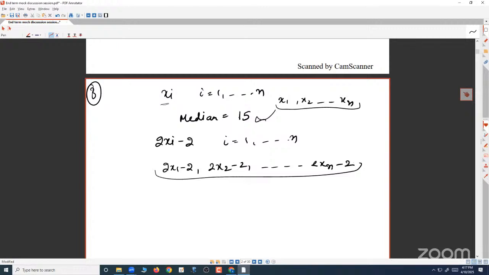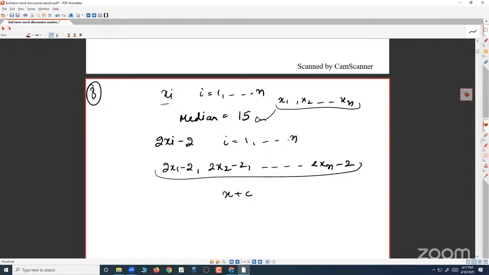Now to calculate the median for this data, if you remember the addition and multiplication properties of a median: if my old median is x, and I add a certain constant, my new median would be x plus c. You guys remember this? Yes, ma'am.